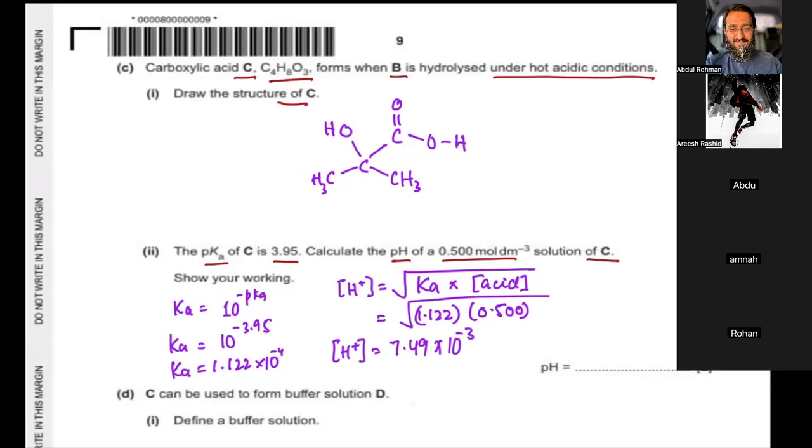Now we are going to calculate the pH, which is equal to minus log 10 of the concentration of hydrogen ions. So pH is equal to minus log 10 of 7.49 exponent minus 3. So the pH we get is 2.13. Is this clear to all of you?